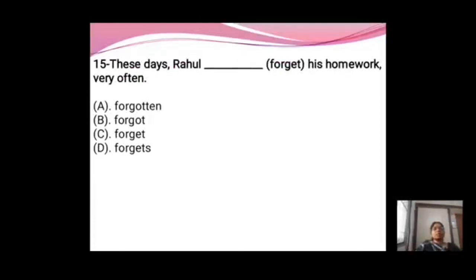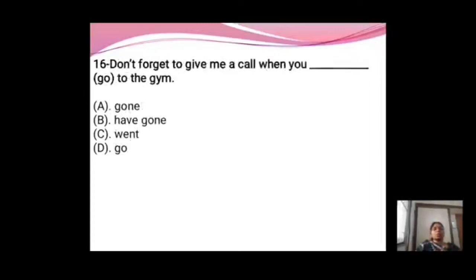These days, Rahul dash forget his homework very often. Forgotten, forgot, forget, forgets. The 16th question is, don't forget to give me a call when you dash go to the gym. Gone, have gone, went, go.